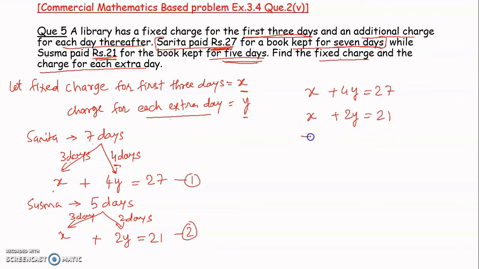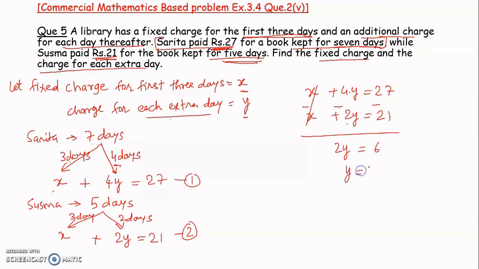We can eliminate X by subtracting the two equations. X minus X cancels out. Here 4Y minus 2Y is 2Y, and 27 minus 21 is 6.